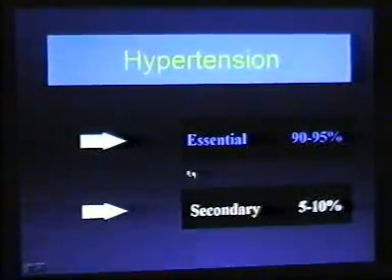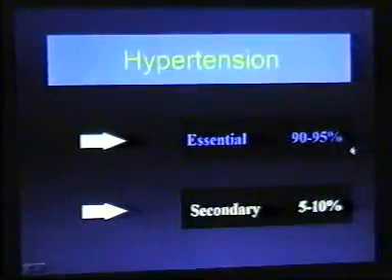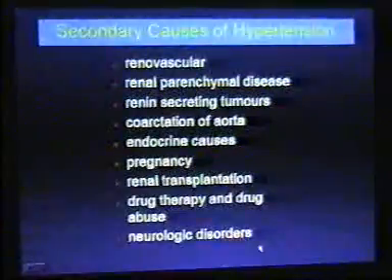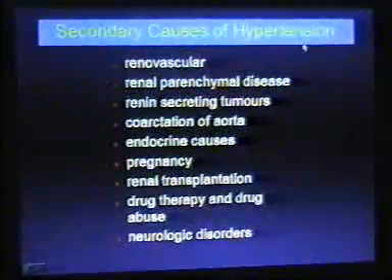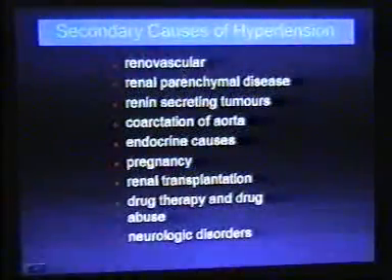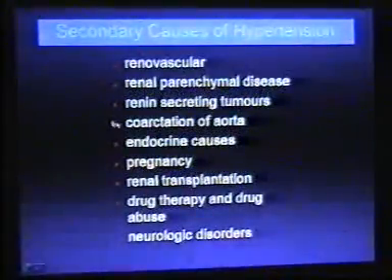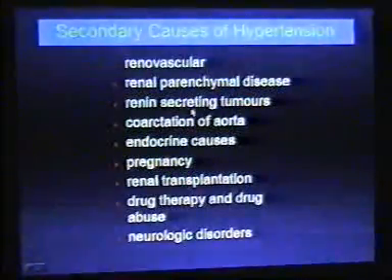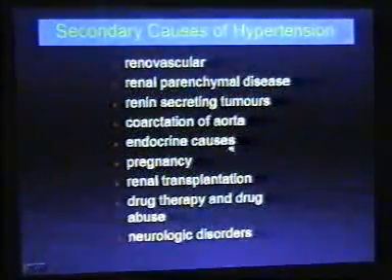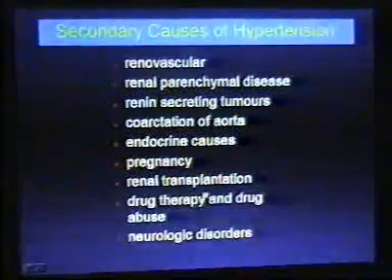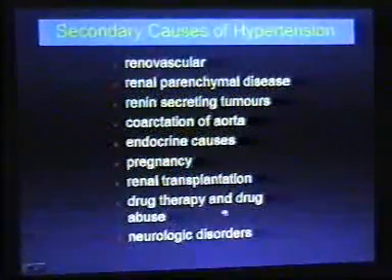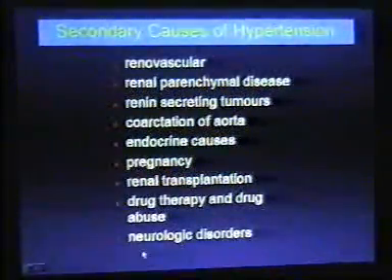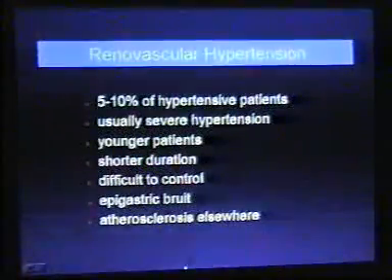Essential hypertension is usually 90 to 95% and secondary is 5 to 10%. Secondary causes of hypertension are renovascular, renal parenchymal disease, renin secreting tumors, coarctation of aorta, endocrine causes, pregnancy, renal transplantation, drug therapy and drug abuse, and neurologic disorders.